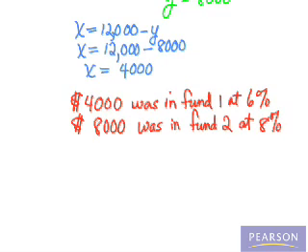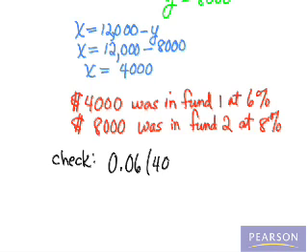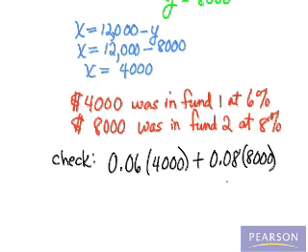Checking this as our check, we can see that 0.06 times 4,000 plus 0.08 times 8,000 equals 880.